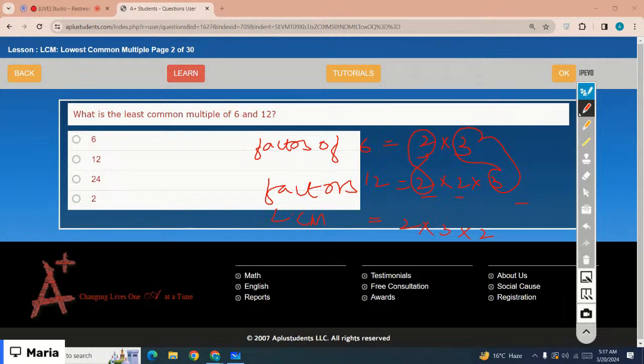So that means the correct option is 12. The correct option is 12.